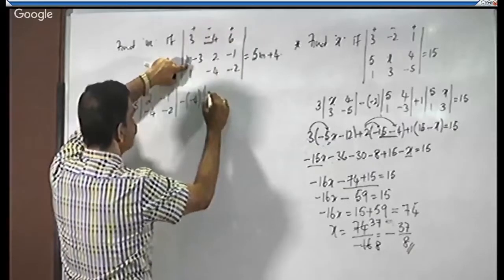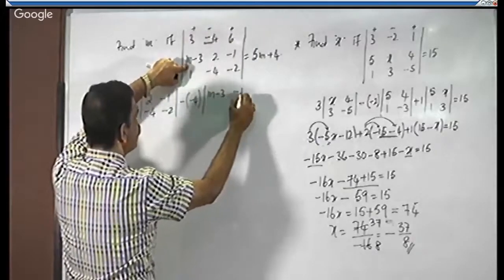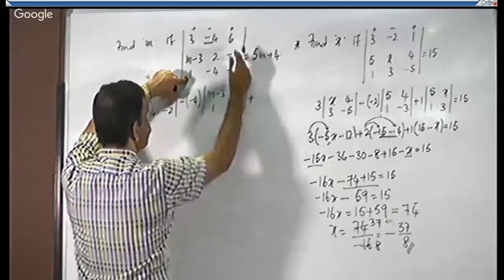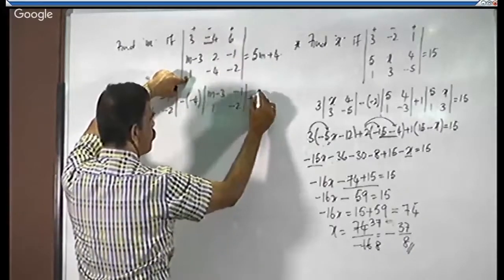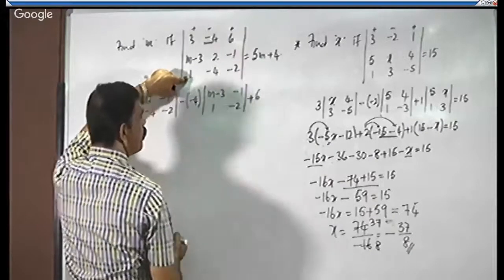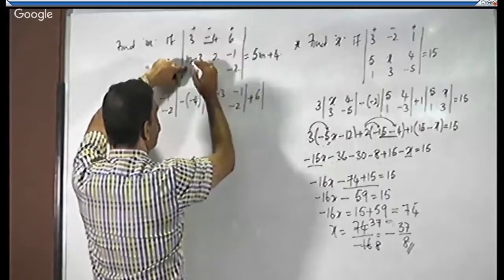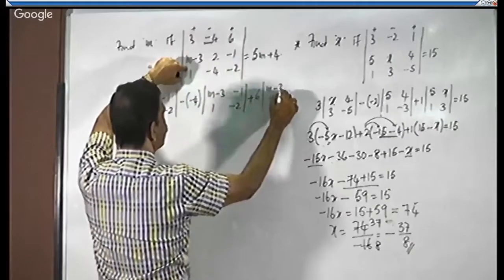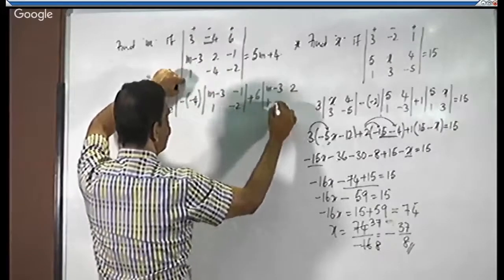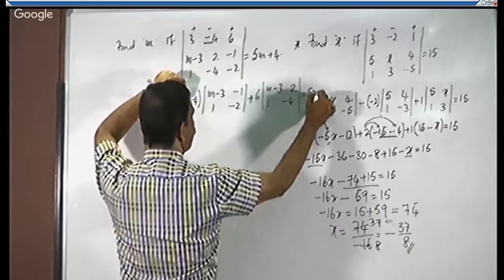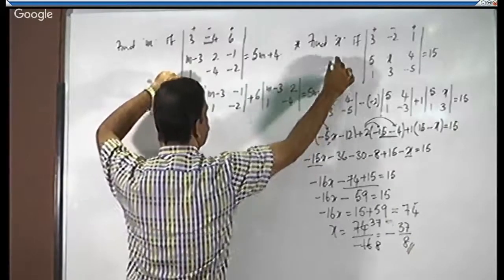Remaining elements are m minus 3, minus 1, 1, minus 2. Plus, standard symbol plus, into the third element of the first row, 6, into, leave the column and row. Remaining elements are m minus 3, 2, 1, minus 4, which is equal to what? 5m plus 4.